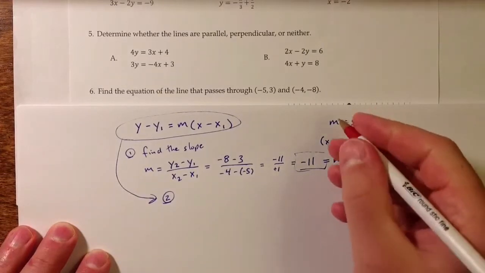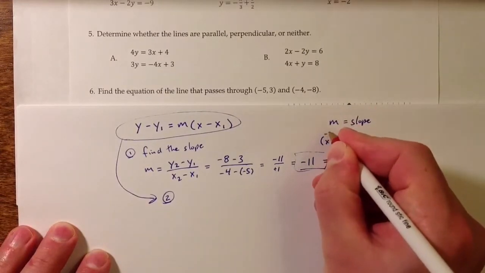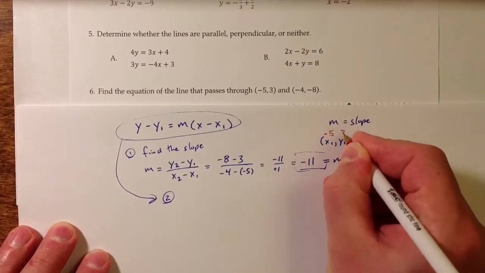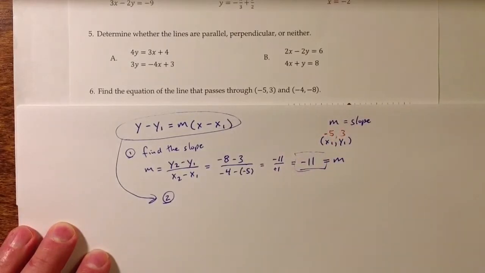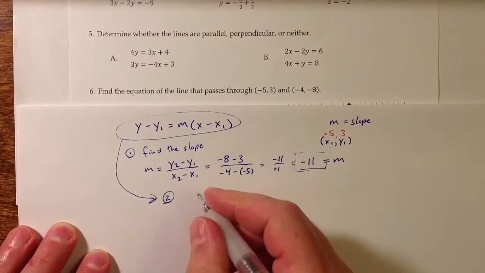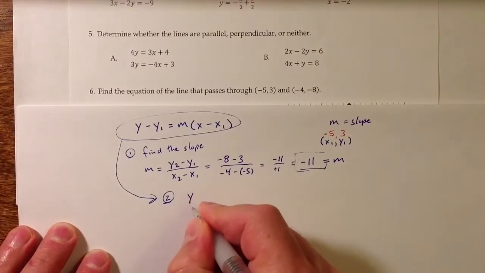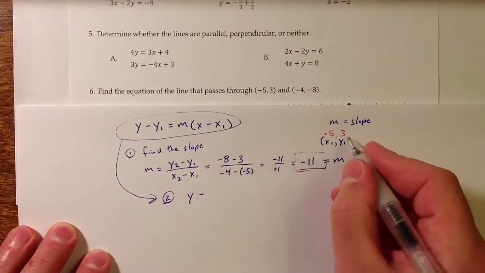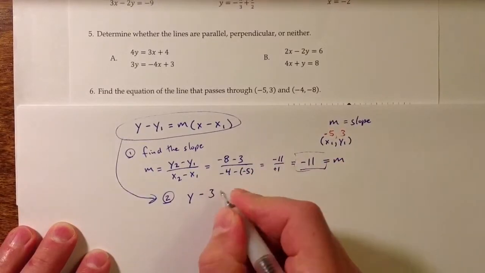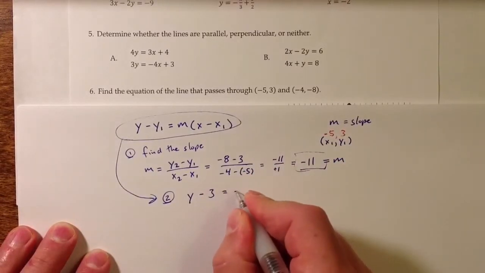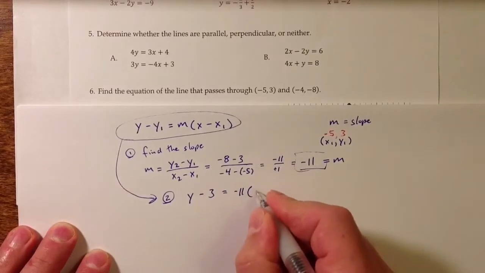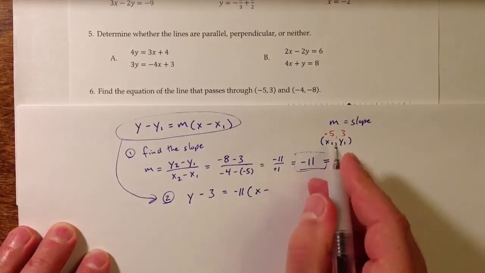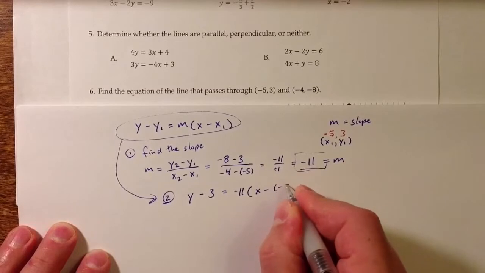Since the numbers seem a little friendlier, let me choose -5 and 3 to be my x and y values. So y, that'll be part of our final answer, but I want to replace y1 with 3, and this equals -11 times x minus, replacing x1 with -5.